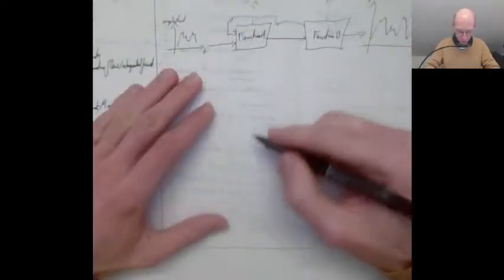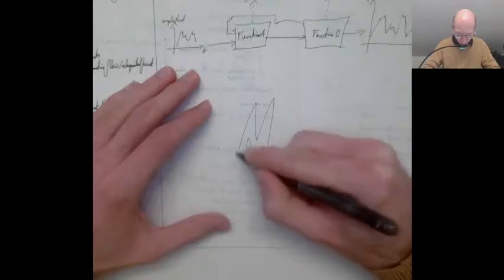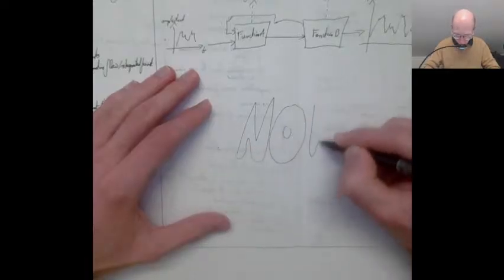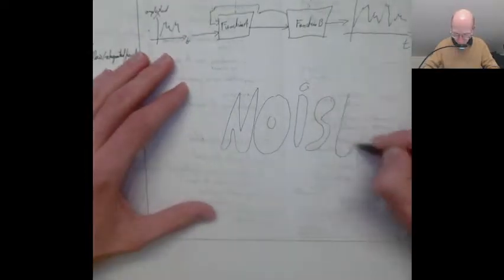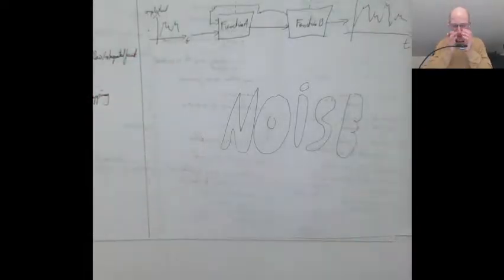I actually do feel like I want to do a graph of noise. Why do I want to do a graph of noise? Because that seems to be the most important thing. So, noise is we have an input-output relationship.